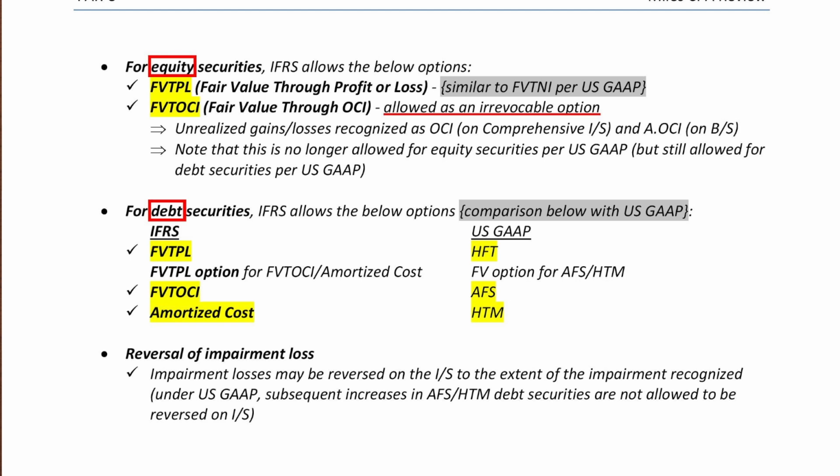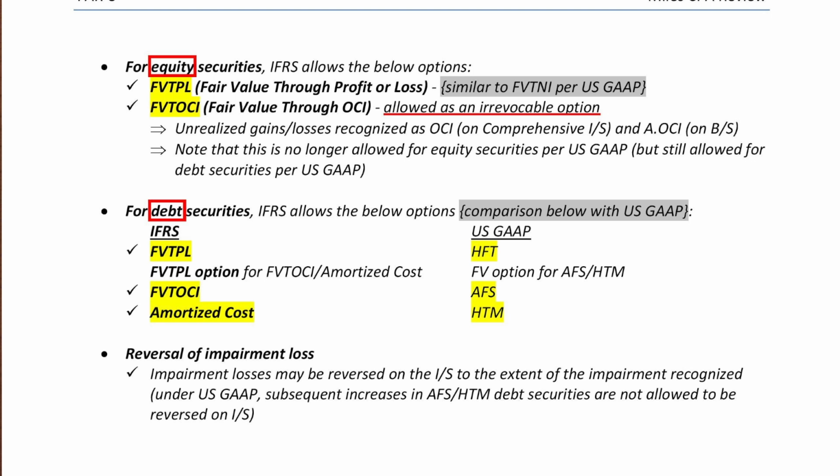Now, under the fair value through OCI option, any unrealized gains or losses on the equity securities, instead of going into the income statement, they're going to be parked in OCI, accumulated OCI. Pretty much similar to what we saw for available for sale debt securities under GAAP.